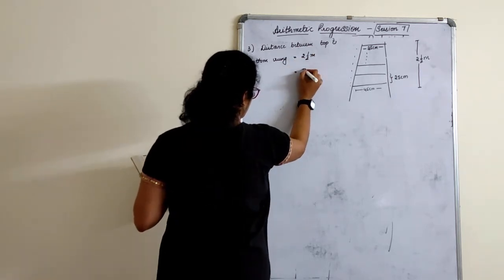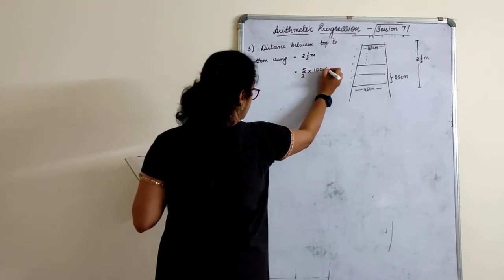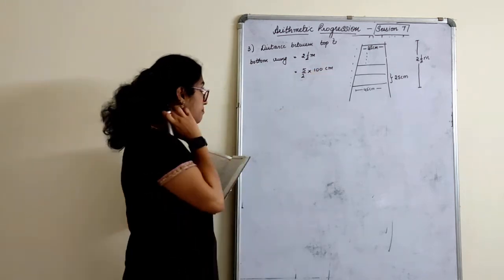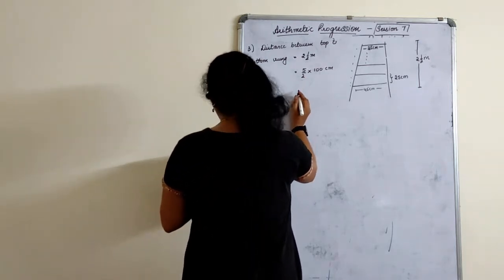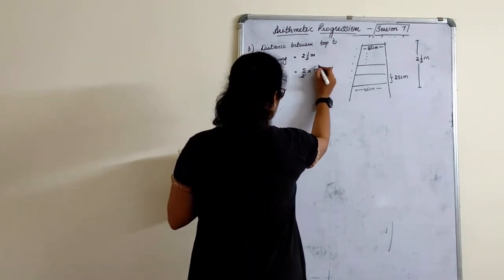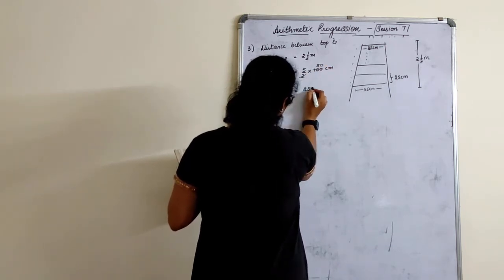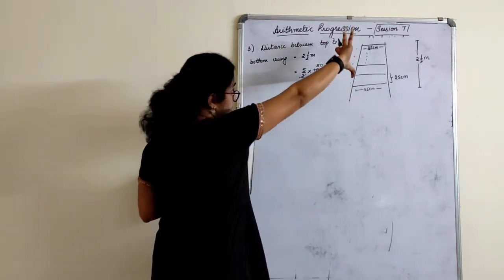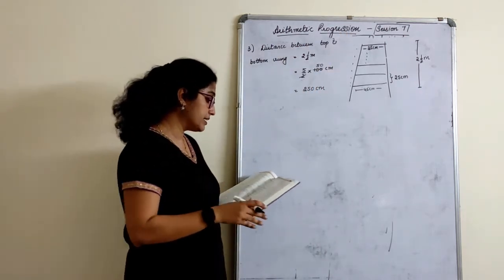So 2 2s are 4, 5 by 2 into 100. If I multiply, that will become centimeter. Simple. 1 meter is equal to 100 centimeter. Cross multiply and get it. You will get 2 1s are 2, 5 5s are 250 centimeter. So the total distance from the top rung to the bottom rung is 250 centimeter.